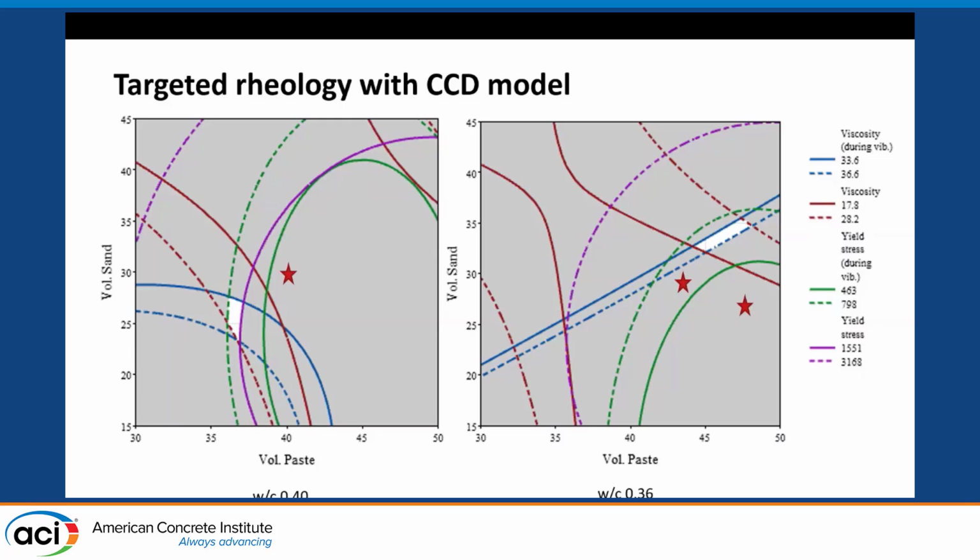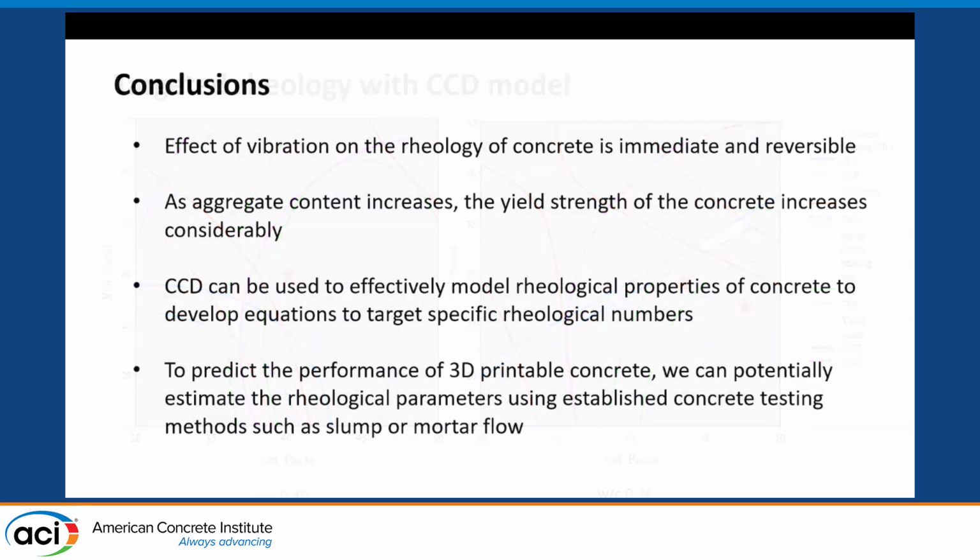And the stars are where my actual successful prints were. So that's quite a good correlation. There is a model, there is some variability, but I was able to accurately predict what rheology I need and how to achieve that. So vibration has an immediate and reversible effect on concrete's rheology.